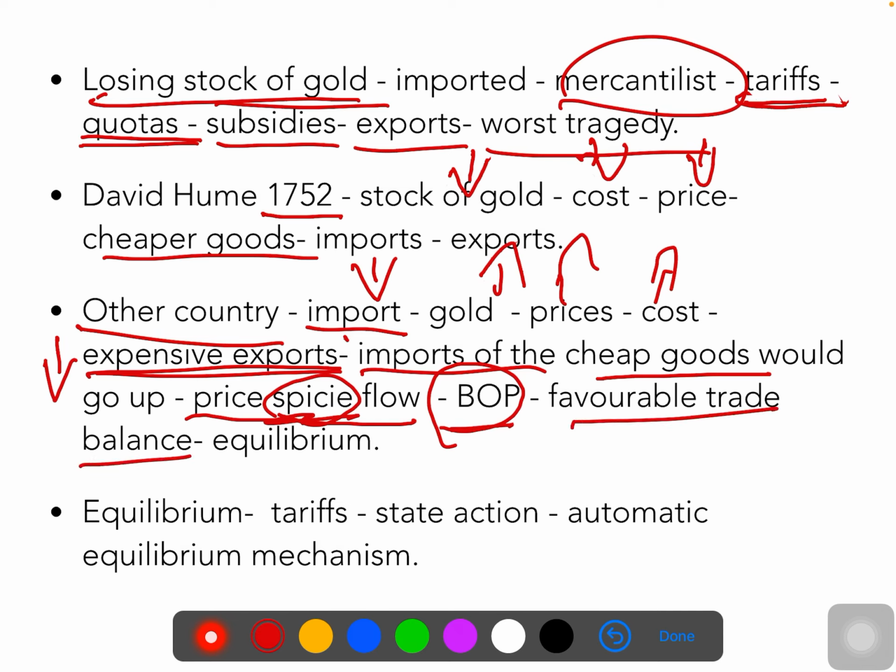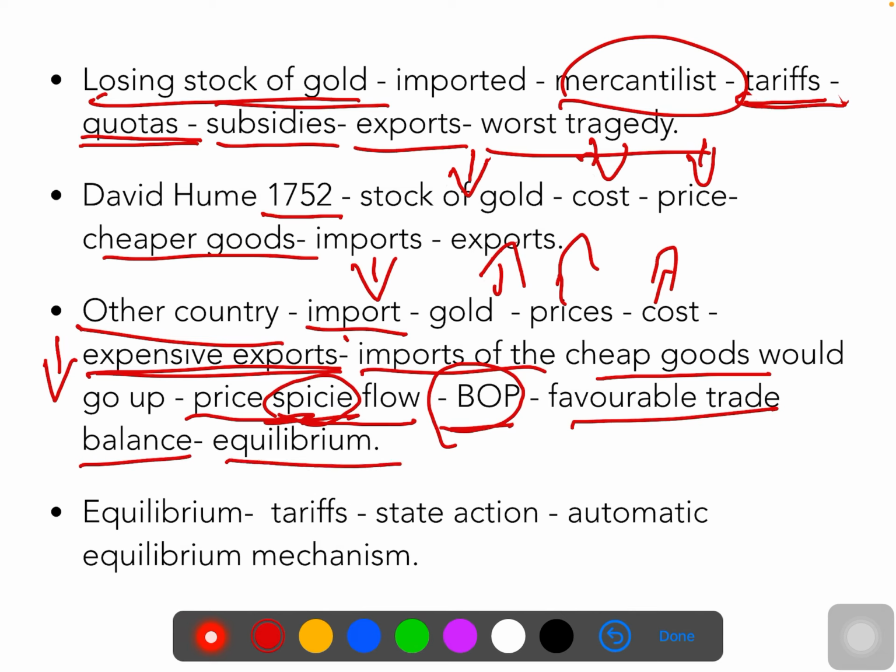It's going to come with a favorable trade balance until equilibrium in the national trade is re-established at relative prices and keeps imports and exports balanced, with no further net gold flow. This equilibrium is stable.